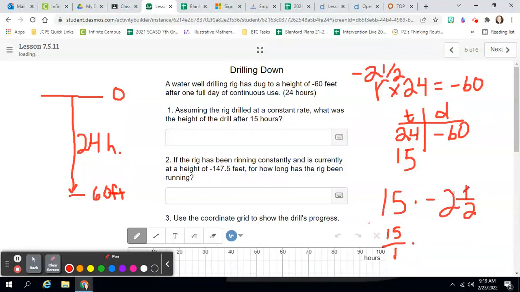And then I'm going to turn this into an improper fraction. So that's the same thing as 2 wholes, break them into halves. That gives me 4 halves in the 2 wholes plus the extra half. So that's 5 halves. So I know 2.5 is the same as 5 halves. And now I just multiply.